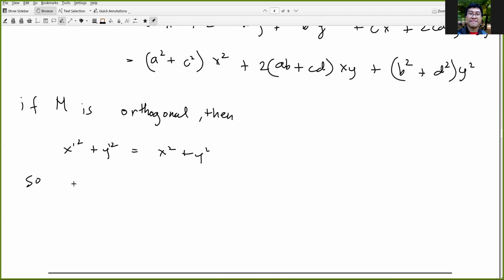So in this case, you have a squared plus c squared equals 1, ab plus cd equals 0, b squared plus d squared equals 1.